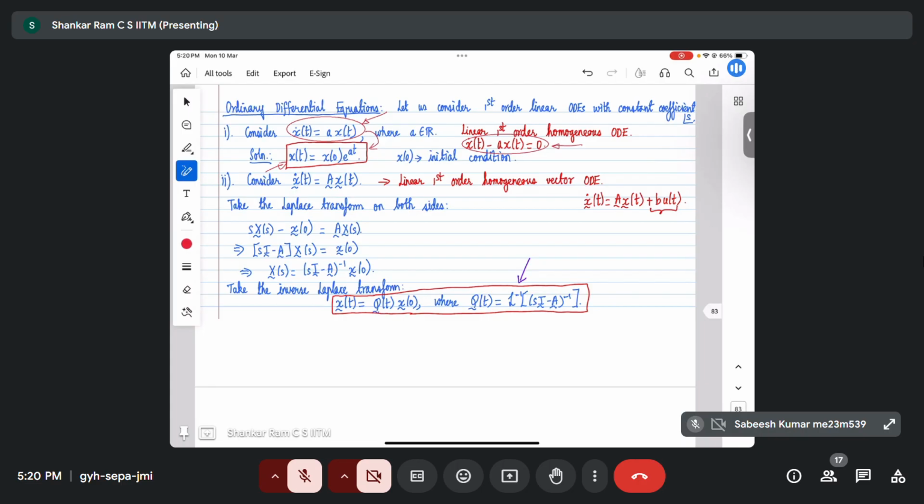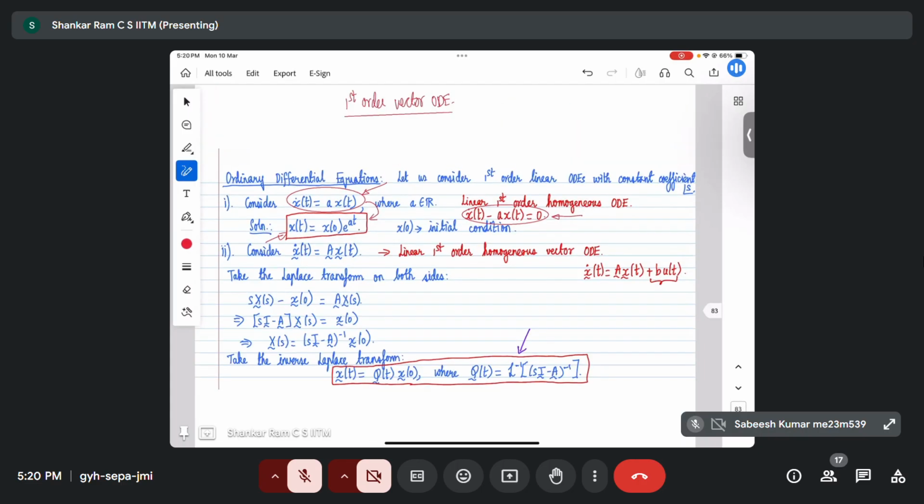Now, we have a vector ODE. Similarly, when we consider the state equation, what was our state equation? It was x dot equals Ax plus Bu. Now, if I were to consider the homogeneous version of this, what should I do? There should be no forcing term.